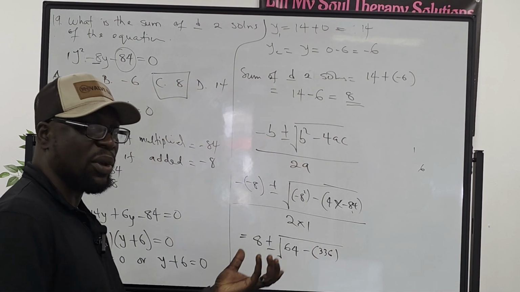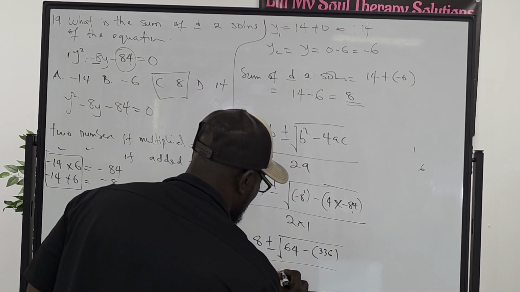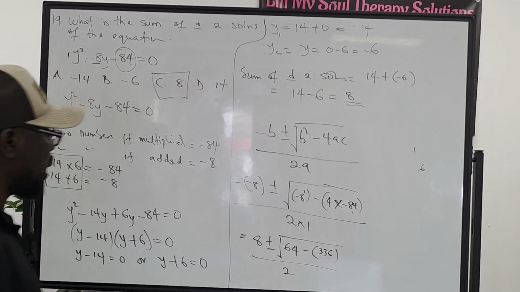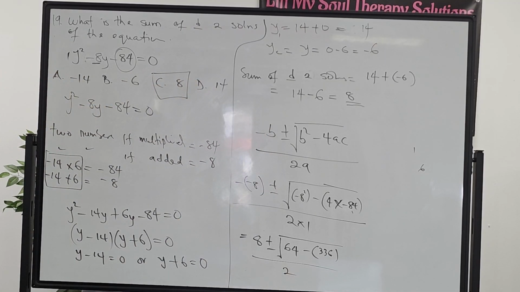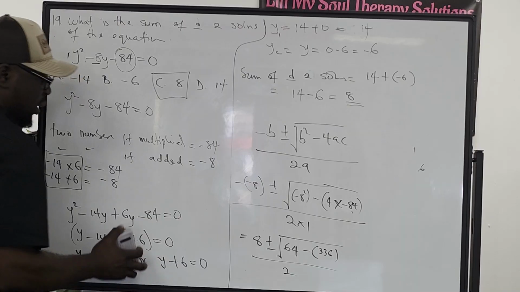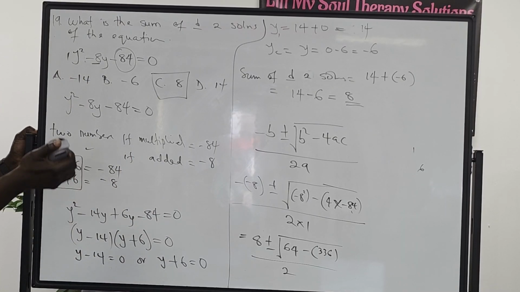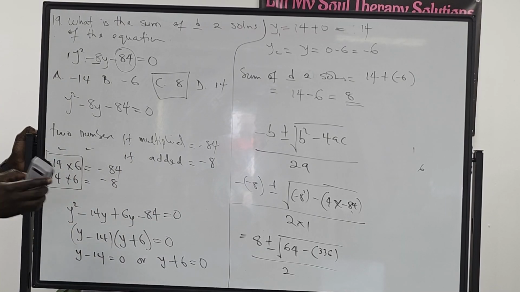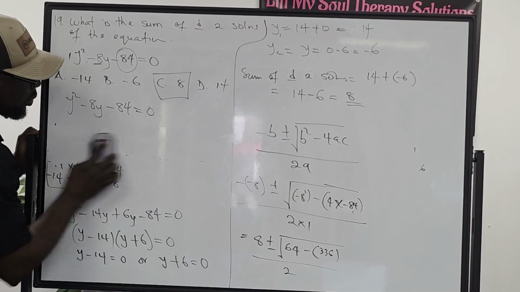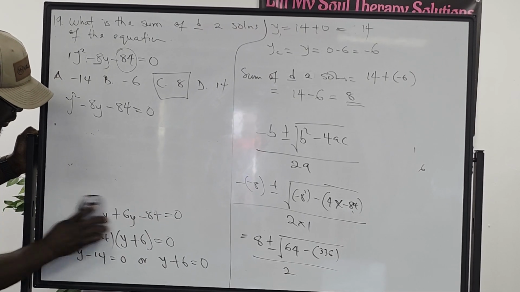So you see how this can become difficult to do? All over 2 times 1. Sometimes this method might be beneficial if you have a calculator, but we're going to arrive at the same answer.